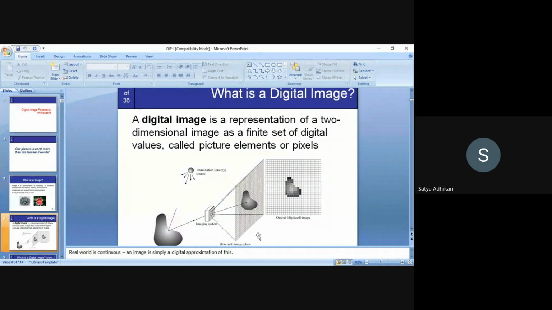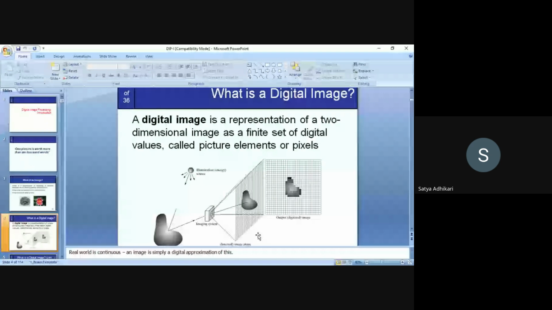You see the figure. A picture is there, and it is now represented on a two-dimensional screen. It contains two things: the pixel location and the pixel value.